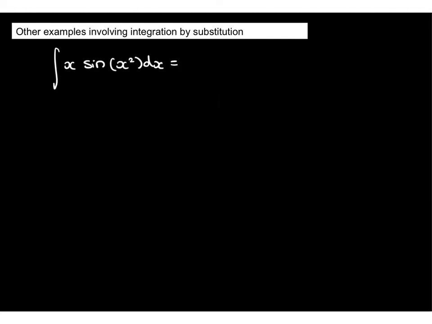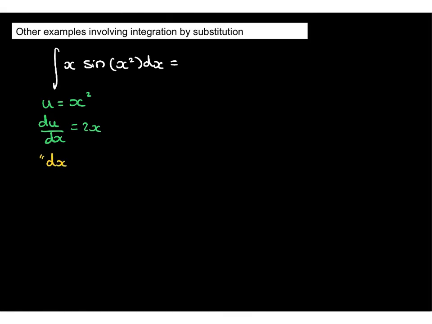So here's another example. Can you spot which part of this differentiates to another part? Because that will give you a good hint as to what u is. Did you guess correctly? u is x squared, which we know differentiates to 2x, which is another part of the integral.